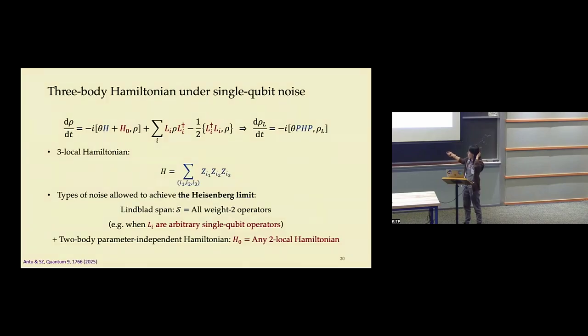For a one-body term, you cannot get any advantage in sensing, and that is closely related to Eastin-Knill. I have two papers in that direction. Maybe I can show you later, but that is not exactly related to this talk.